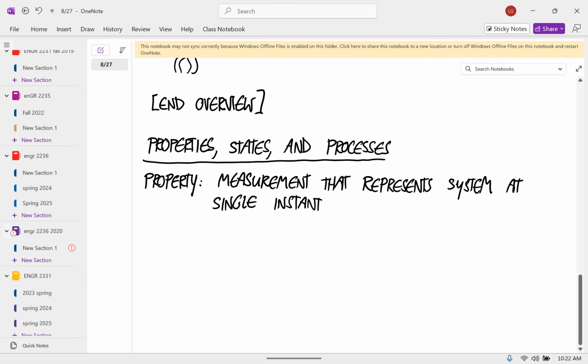So examples of properties are temperature, pressure, volume. Those are the three that we'll use the most. Entropy.